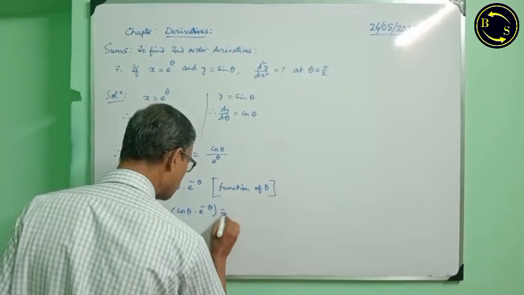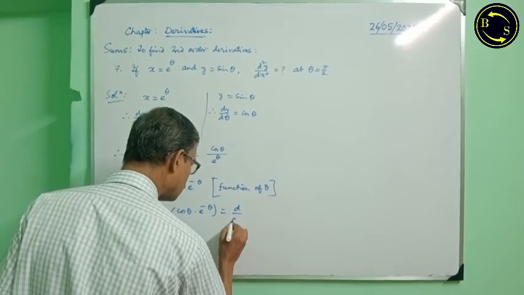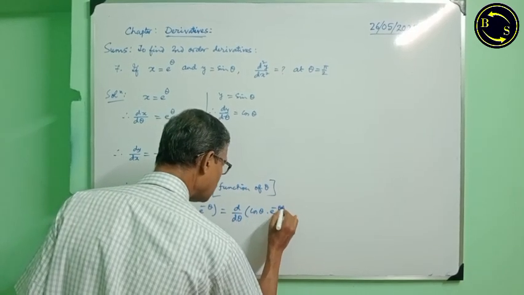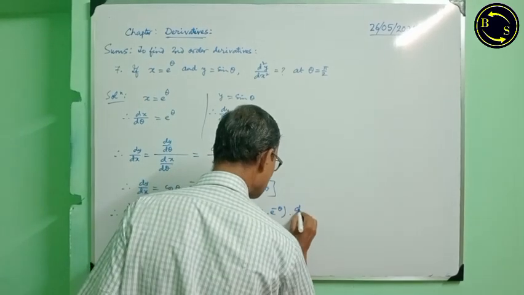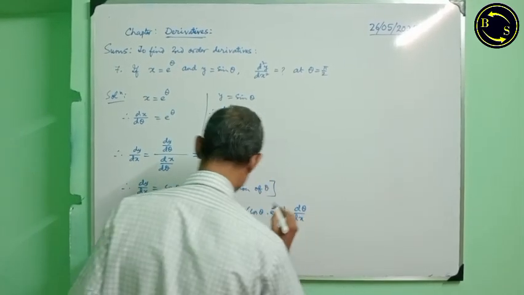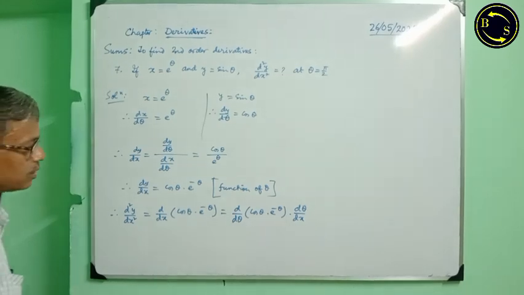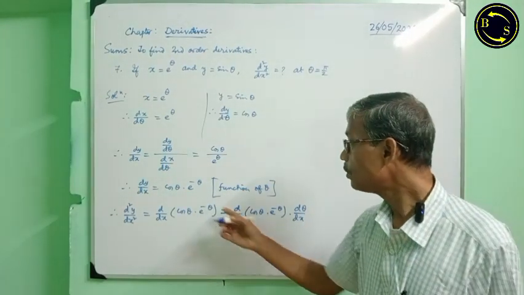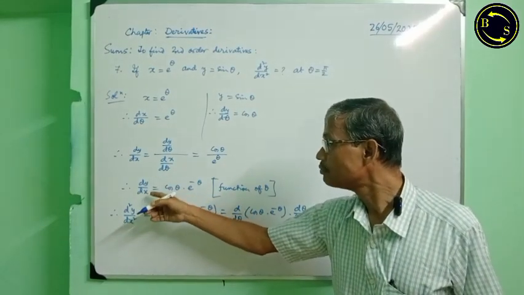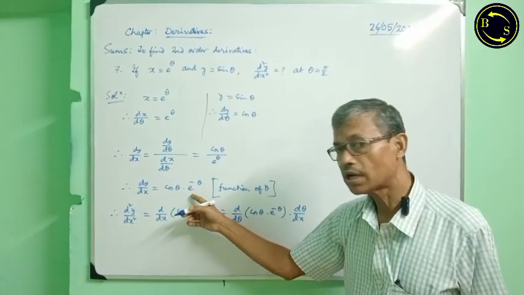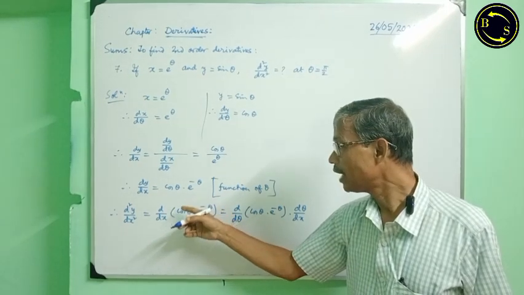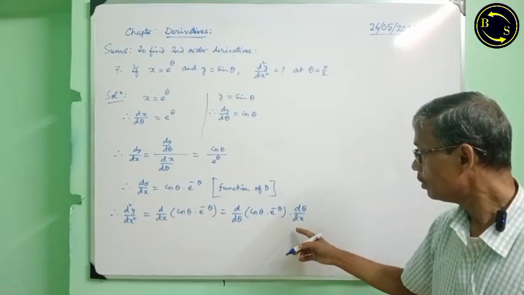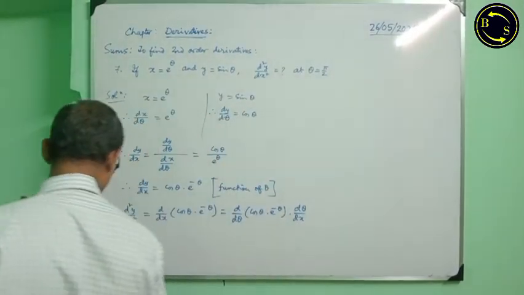Therefore, first we have to differentiate that with respect to theta, d/dtheta of cos theta e to the power minus theta, chain rule, dtheta/dx. Note that I always suggest my students, you write that this is dy/dx, x, y are variables, but on the right side theta is the variable. Therefore, we cannot find directly. We have to use here the chain rule. I have applied that.